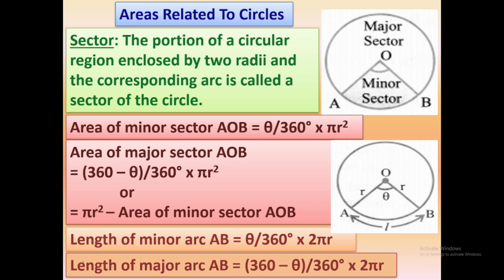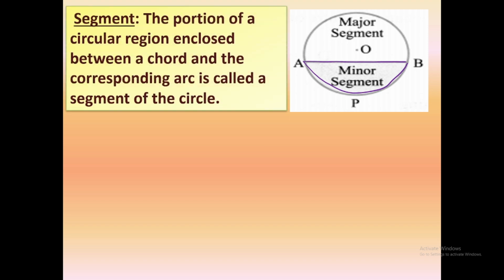Let's move to the other slide. I hope you all understood what is a sector and what is the length of an arc. Now it comes to the segment. The segment is all linked with the chord and the corresponding arc. The area enclosed between the chord and the corresponding arc is called a segment.